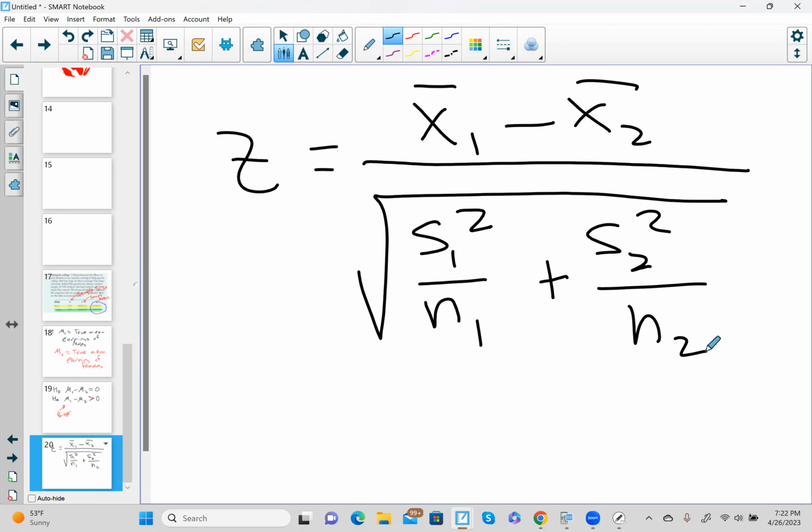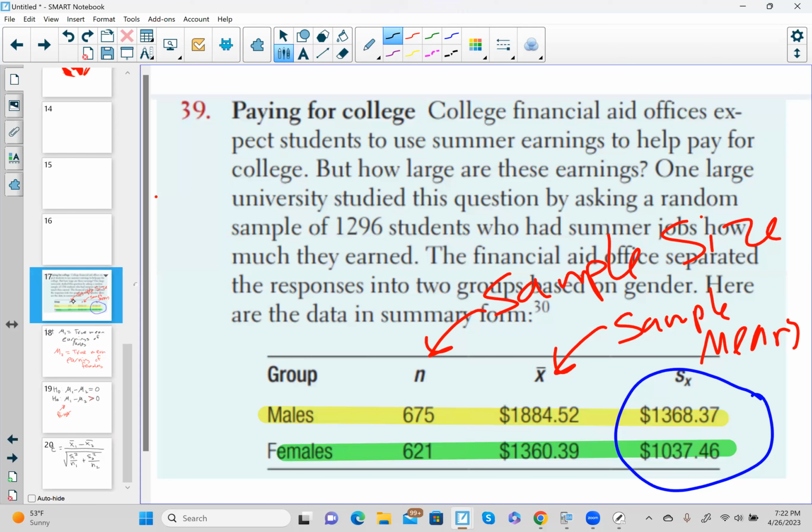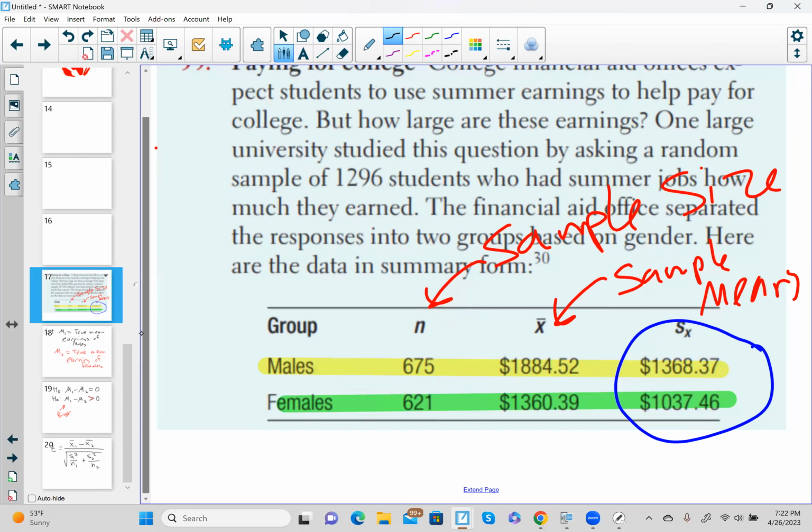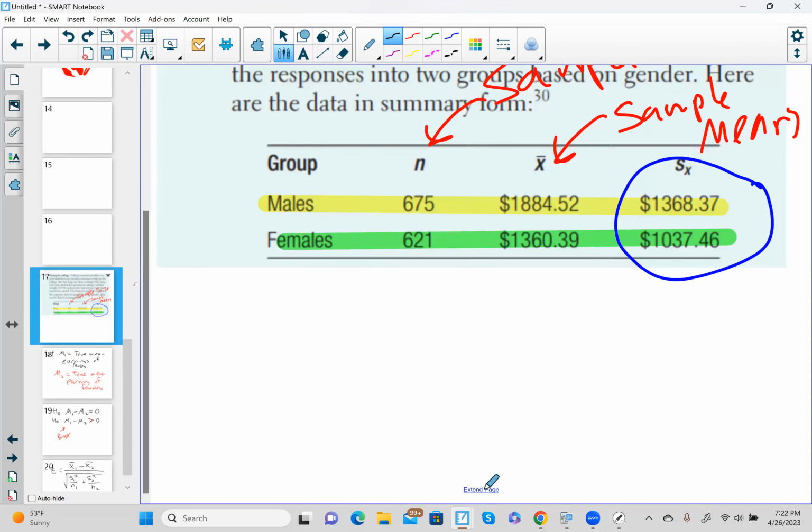All right. Anyway, let's plug in all our information. All the information comes from this chart here. So maybe I'll put that right here on this page so I can see it all.